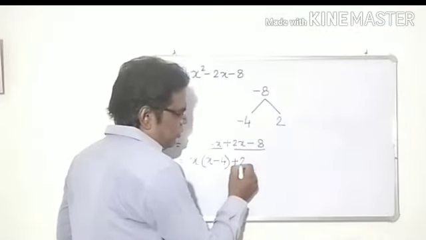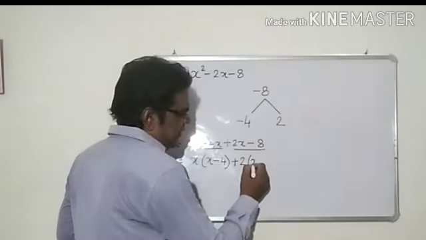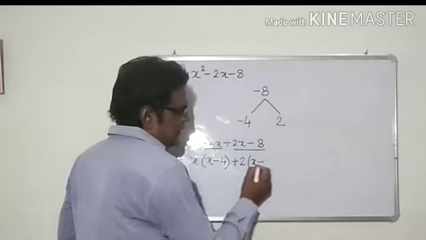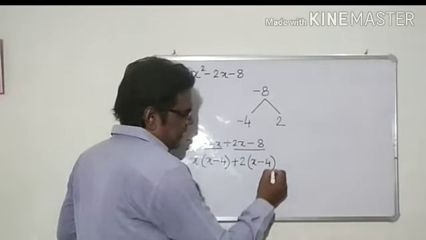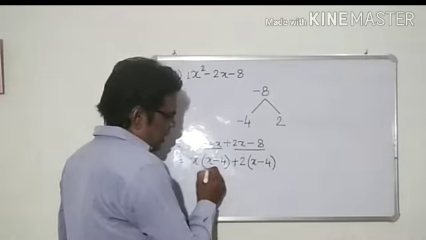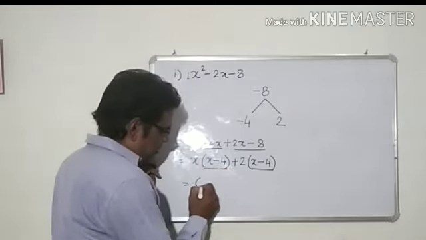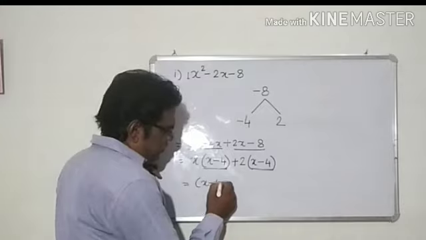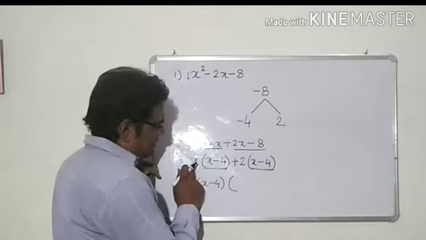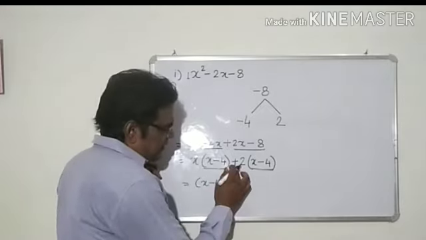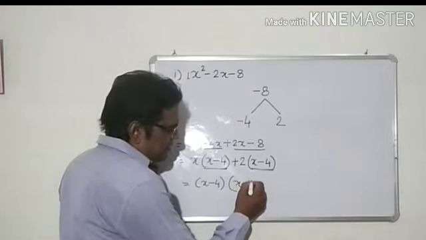So you take 2 as common: 2 taken out, x, then this minus sign, and then 2 fours are 8. Now in this you have x minus 4 as common. So take this out. What is left? Here x is left, this sign plus, and this 2 is left.